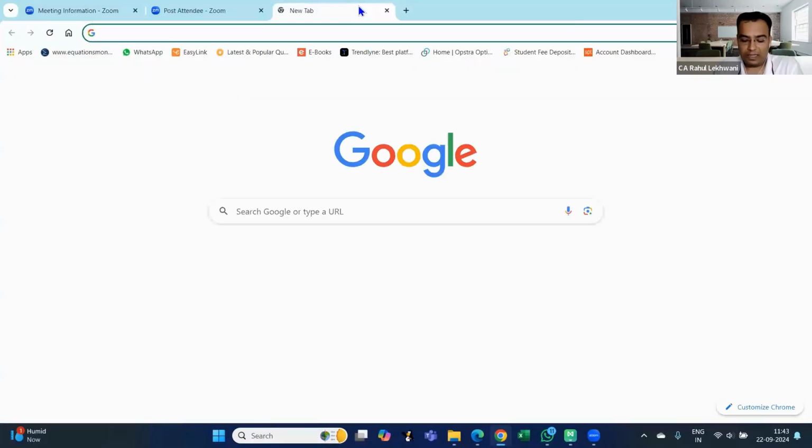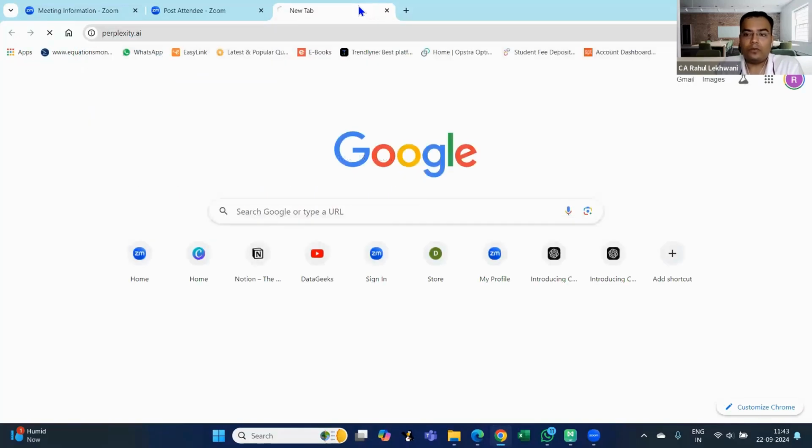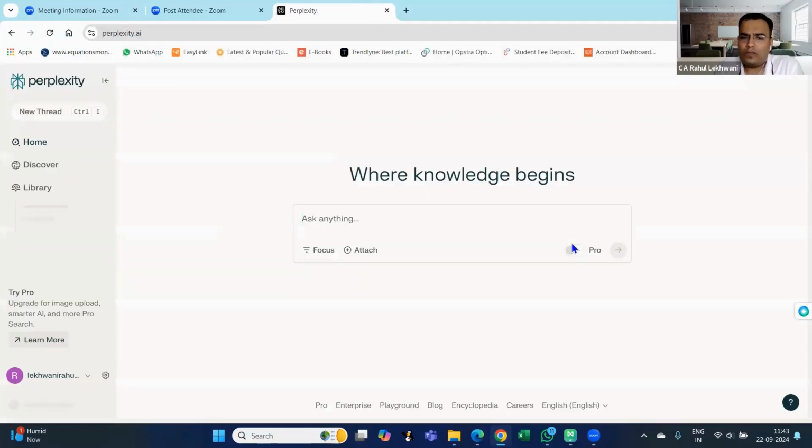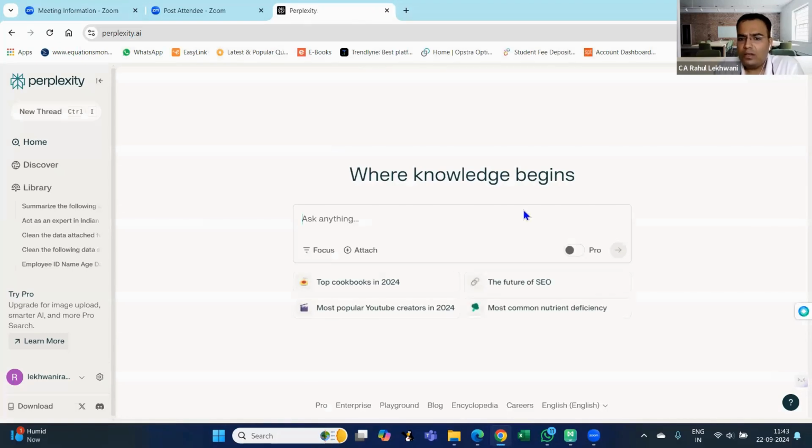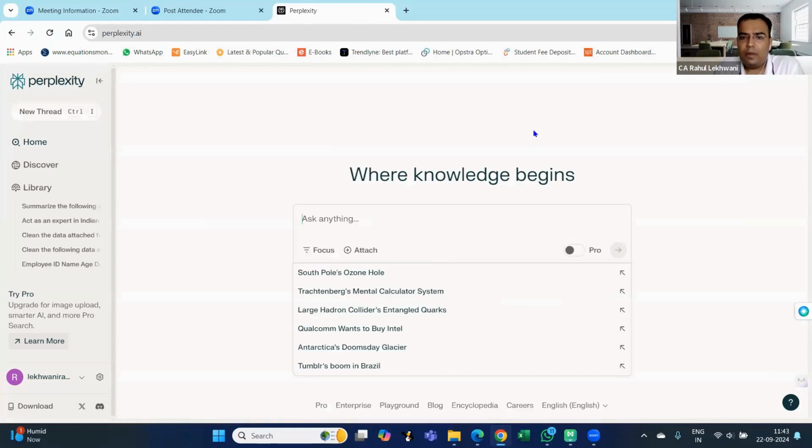So there's a tool called Perplexity. Again, a very, very useful tool. A lot of different things can be done with it. But the best part about this tool is that it can analyze a web page and give you the insights out of it.